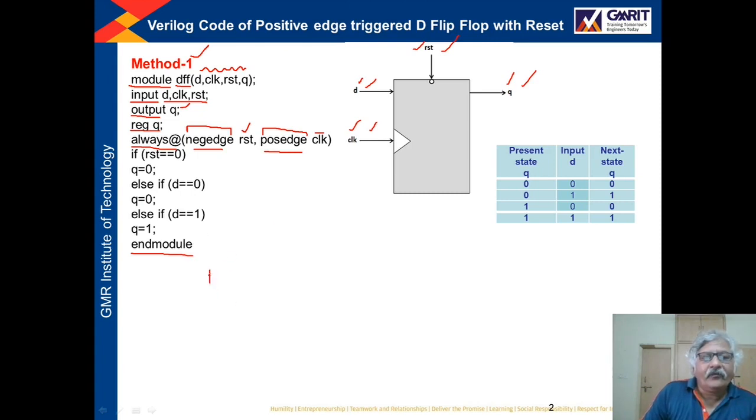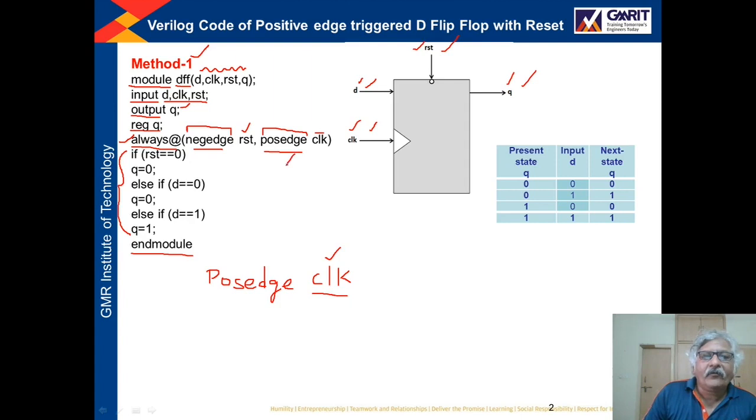So the meaning of posedge, after that whatever signal you have written, for example here I have written CLK, right? So whenever a positive edge is detected in the signal CLK, then this always block will be activated, right? So once the always block is activated, all the statements written inside always block will be executed.